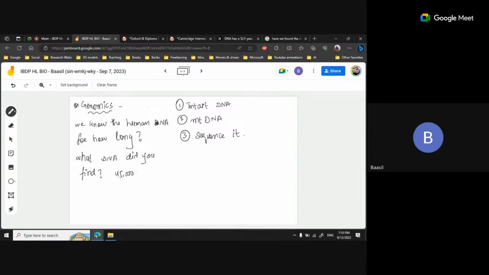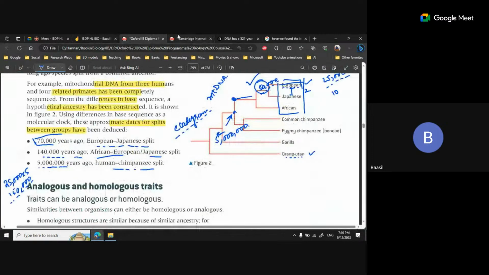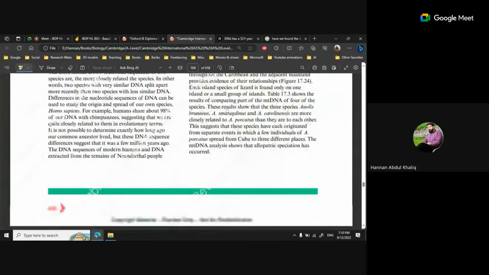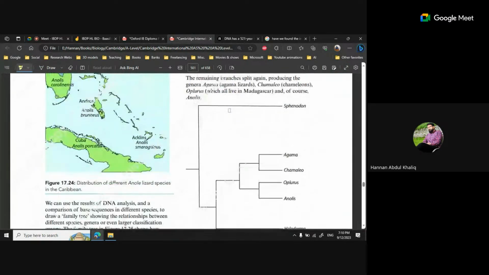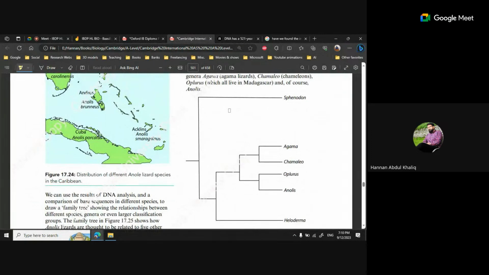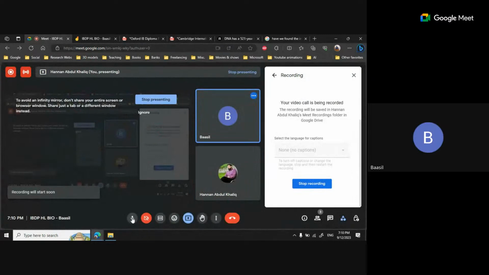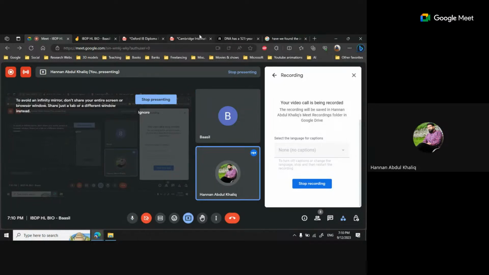They have actually drawn a cladogram over here. I'll show you this and explain it. I was saying that this is a cladogram they have mentioned.